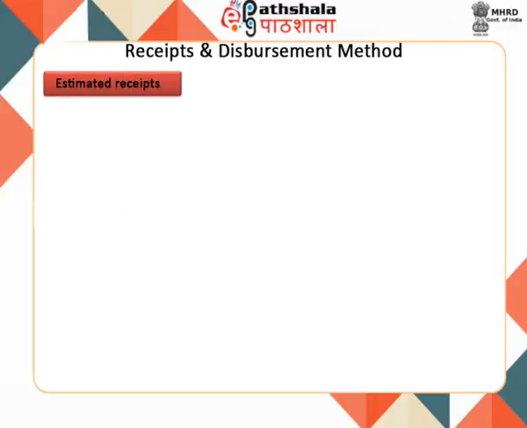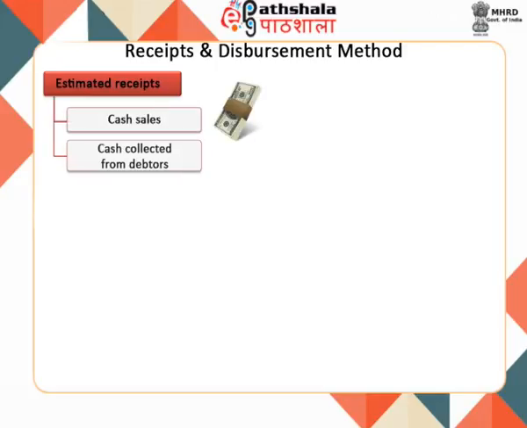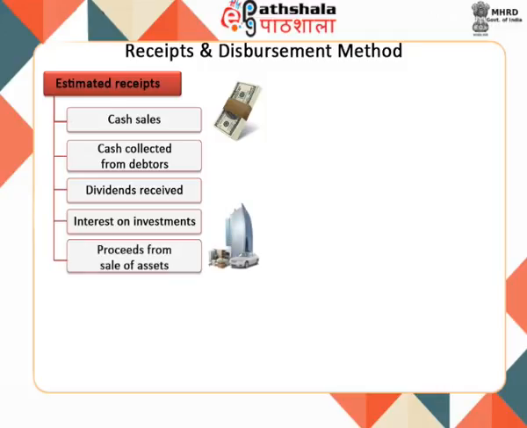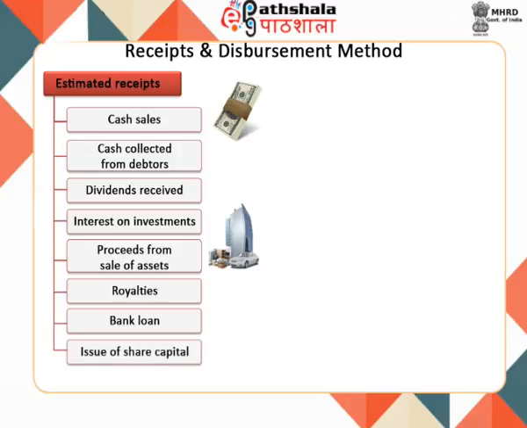The estimated receipts are attributed to cash sales, cash collected from debtors, dividends received, interest on investments, proceeds from sales of assets, royalties, bank loan, issue of share capital, and the like.